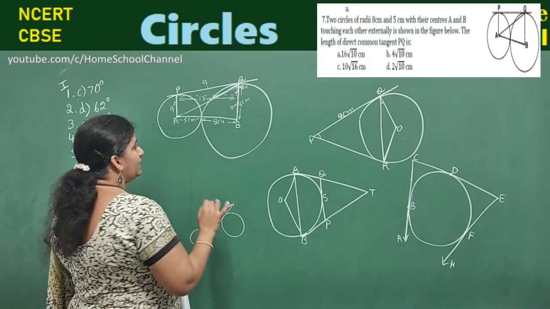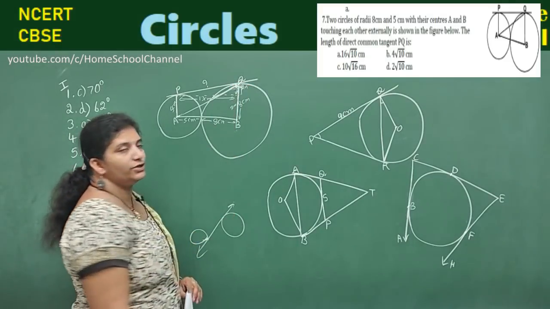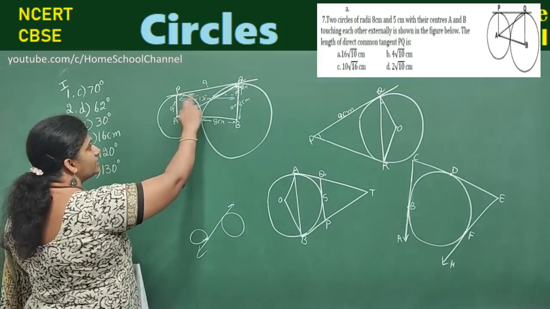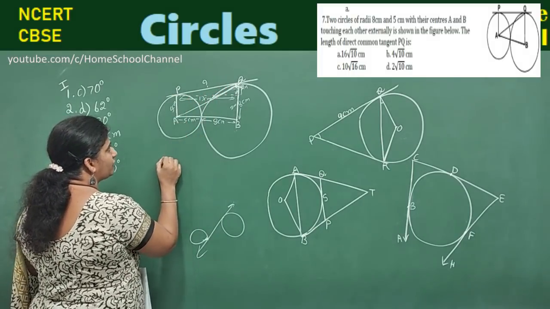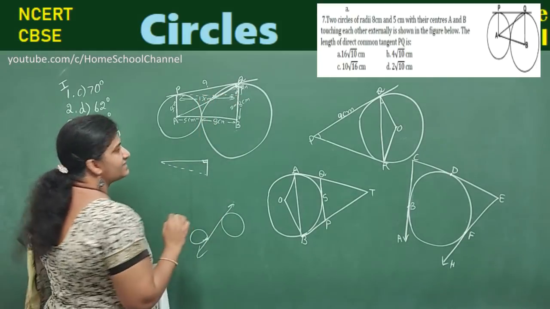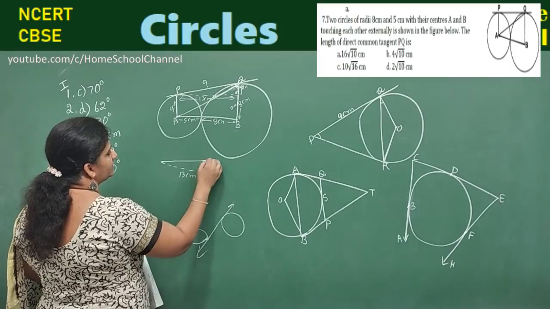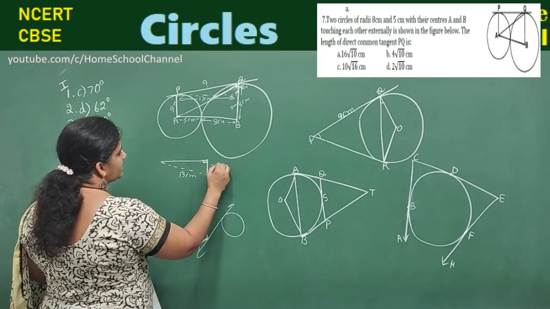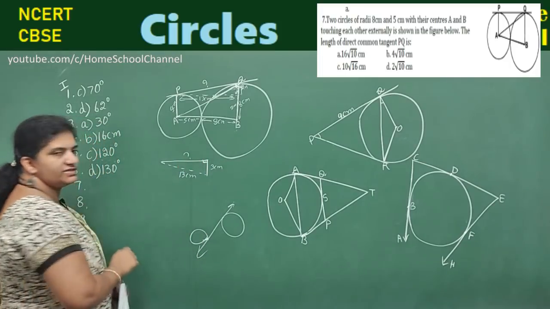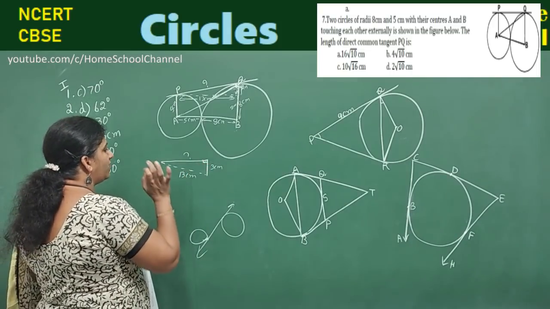Now, a tangent is always perpendicular to the radius of a circle. See, only this triangle I am trying to take out. The hypotenuse is 13 centimeters and this length is 3 centimeters. What is this? That is your question. Now apply the Pythagoras formula here.